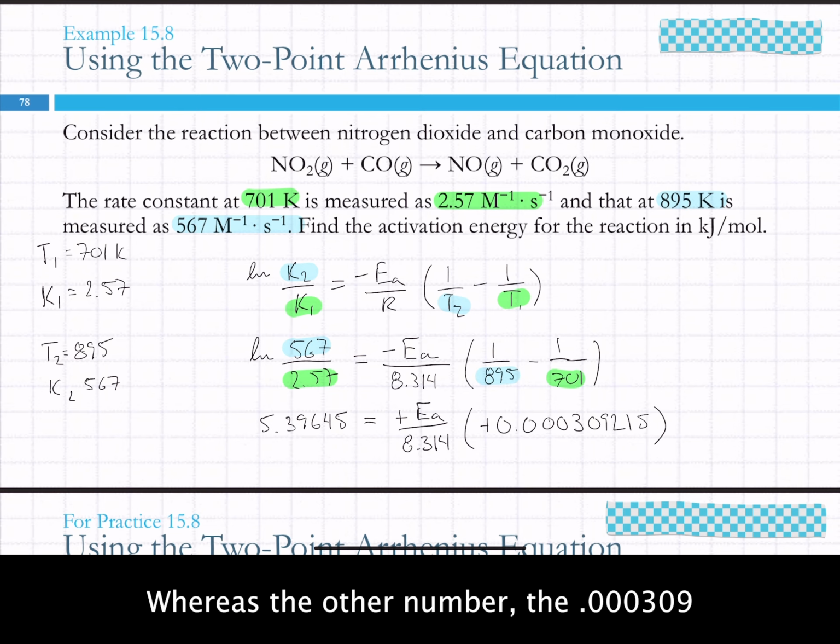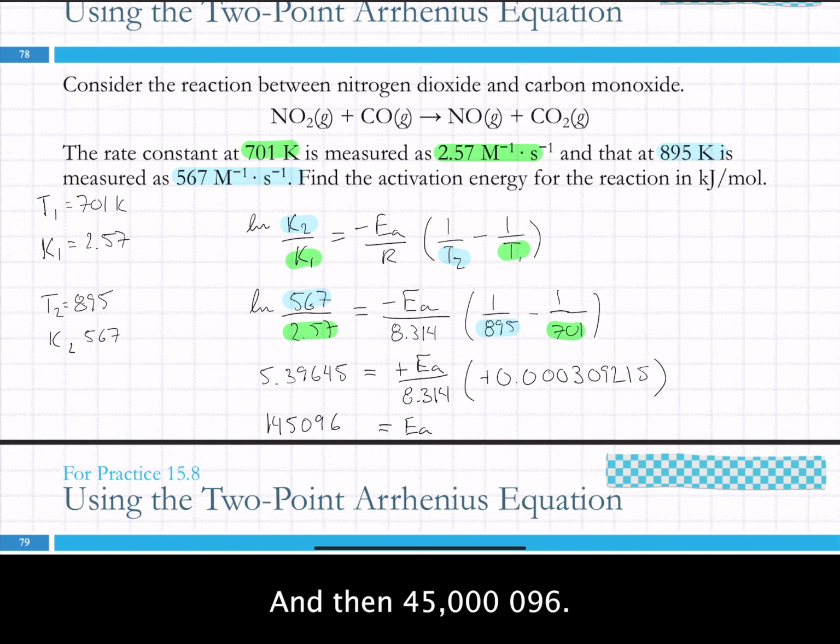So you should end up with, nope, I missed a 0. There you go. $145,096. That's going to be in joules, or joules per mole.